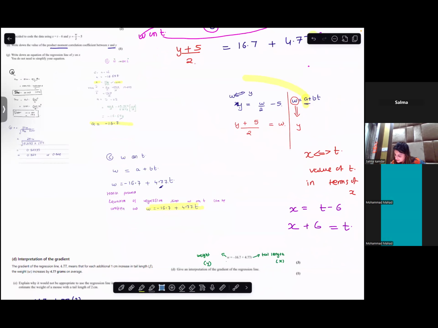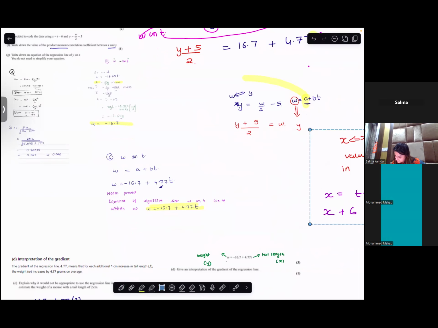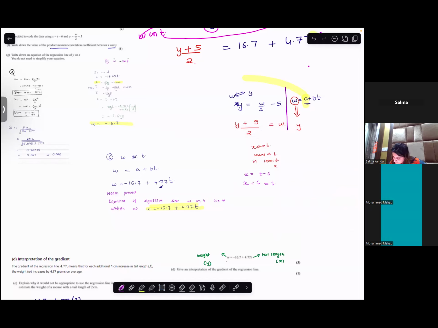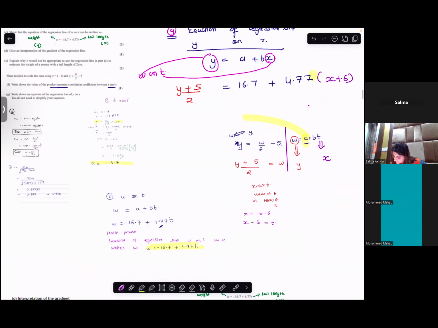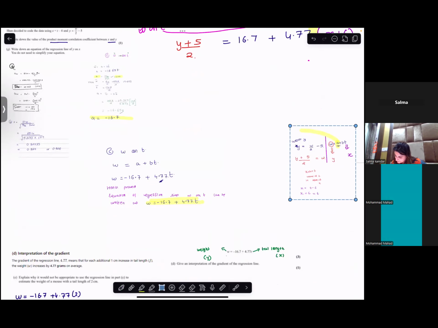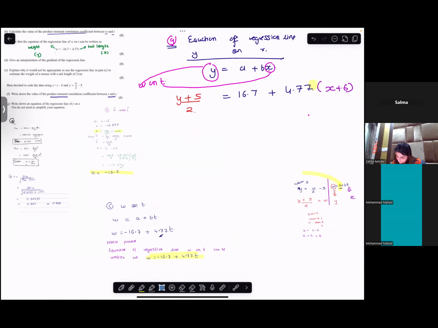Now I'll just solve this. When I am solving this, what answer am I getting? I want to remove the 2, so let's eliminate the 2. I multiply throughout by 2.